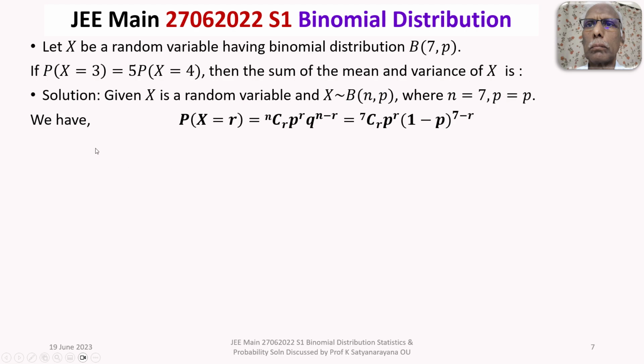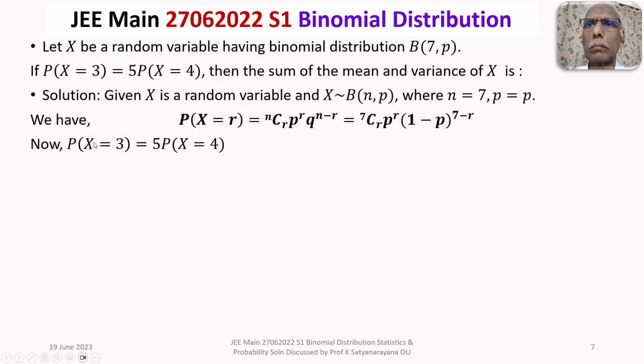Then in that case, probability of getting r successes, X equal to r, is given by nCr into p power r into q power n minus r. In our case, n is equal to 7, so 7Cr p power r into q, which is 1 minus p, to the power of n minus r, that is 7 minus r. Agreed. So we are ready. Let's get into the problem.